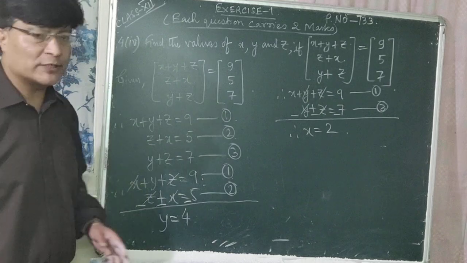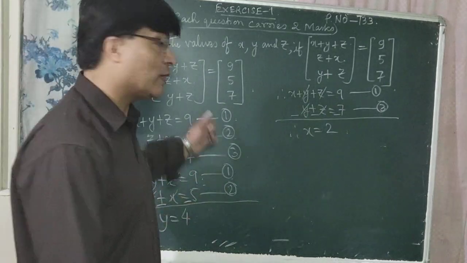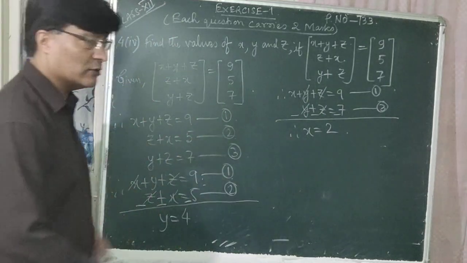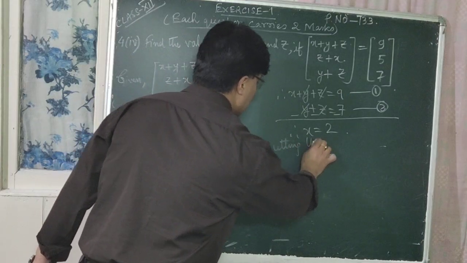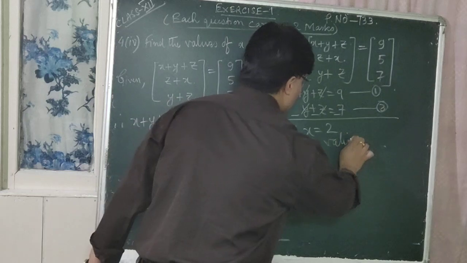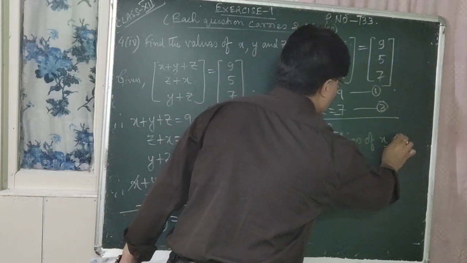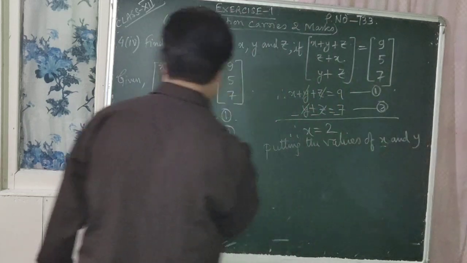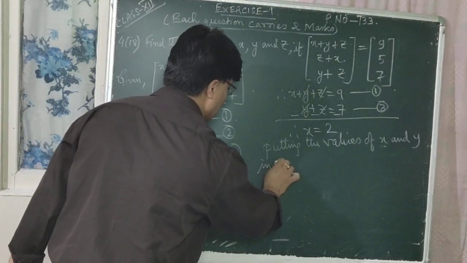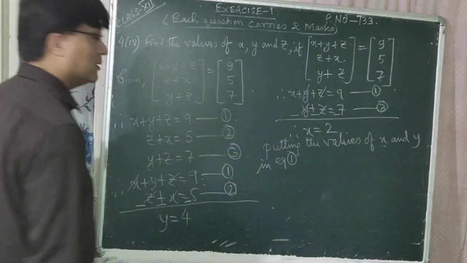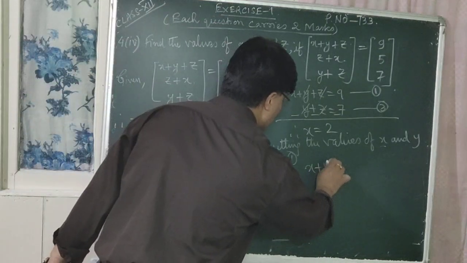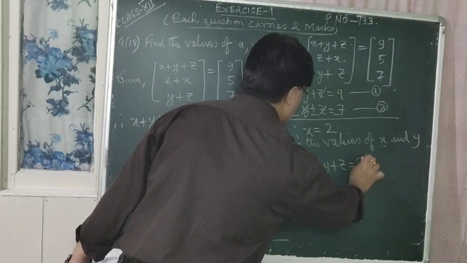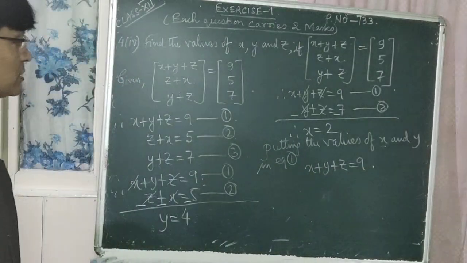So how can you get the value for z? You have to put those values of x and y in equation 1 to get the value for z. So let us write equation 1 again: x plus y plus z equals 9.